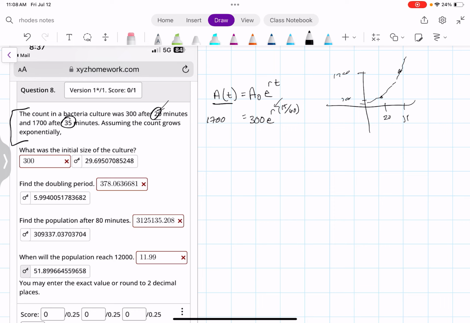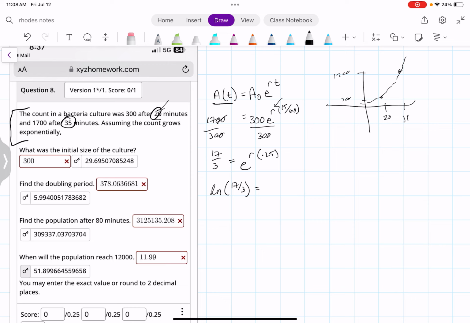So I'm going to divide by 300 on both sides. It gives me 17/3 is equal to e raised to the r. 15 divided by 60 is just 0.25, so I'll write it that way. Now to get that variable out of the exponent, we take the natural log of both sides.